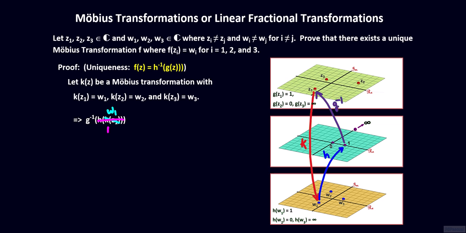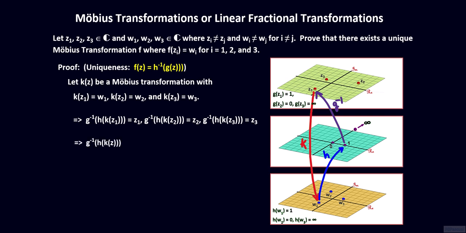And so G inverse of H of K of z sub 1 equals z sub 1, so that z sub 1 is a fixed point of G inverse of H of K. Using the same idea, we can verify that G inverse of H of K of z sub 2 and z sub 3 are z sub 2 and z sub 3 respectively. And so the function G inverse of H of K has at least 3 distinct fixed points.